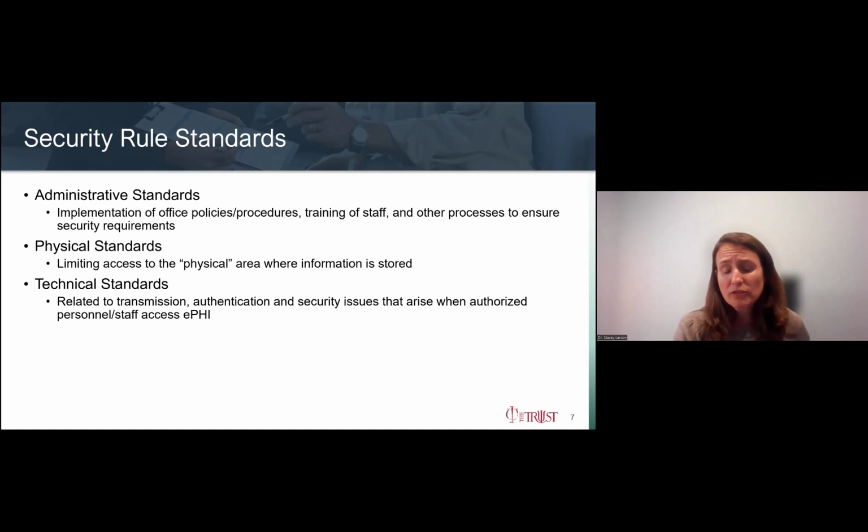We've seen it in the news, unfortunately, where sometimes staff may access, let's say, a celebrity's record when they shouldn't and things like that. And there's got to be some sort of plan for if that happens. But the big thing is just making sure that staff are trained.